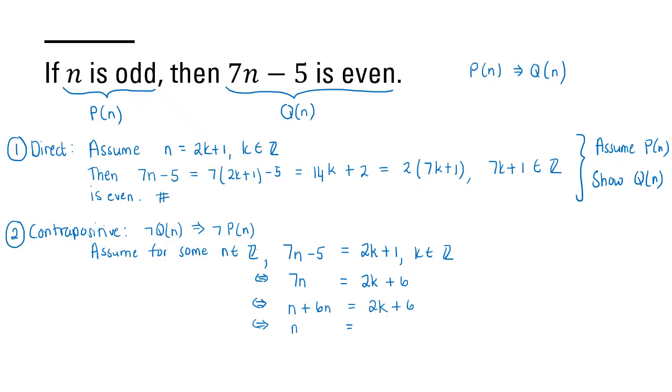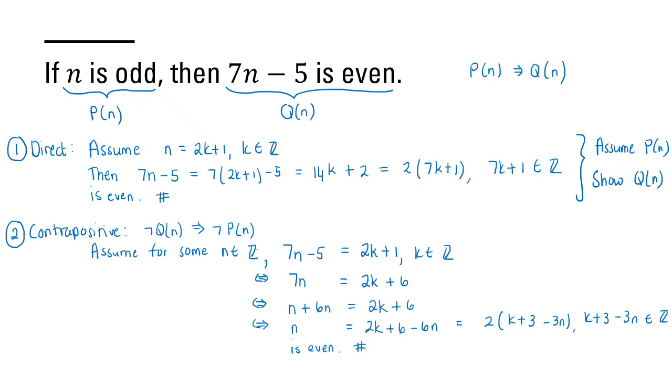What we end up with on the right-hand side is 2k plus 6 minus 6n, or we can rewrite this as 2 times (k plus 3 minus 3n), where k plus 3 minus 3n will definitely always be an integer. So this means n is even, and this is exactly what we wanted to show.